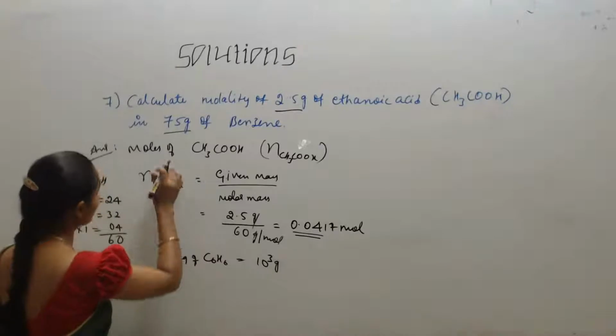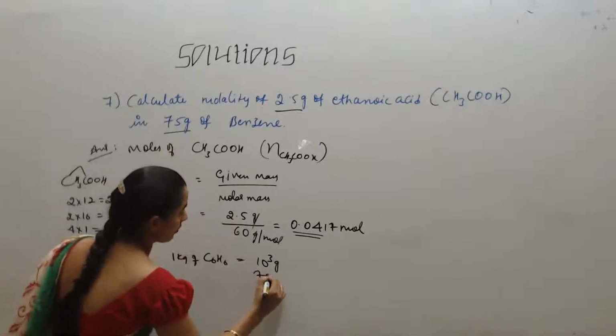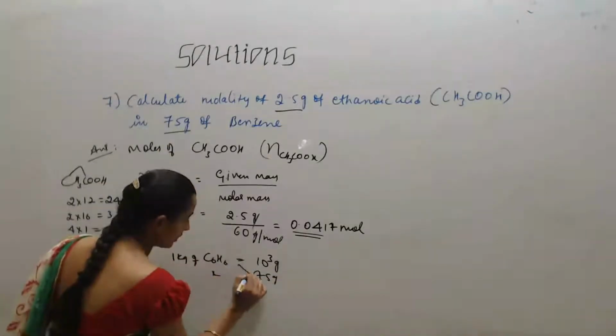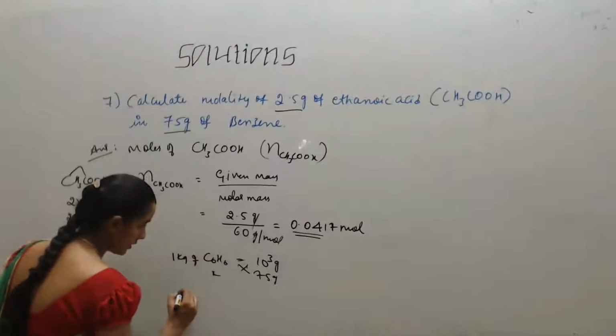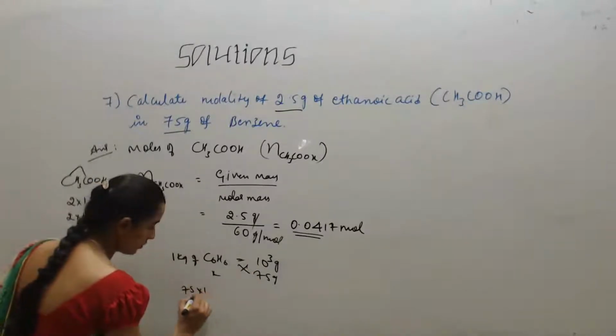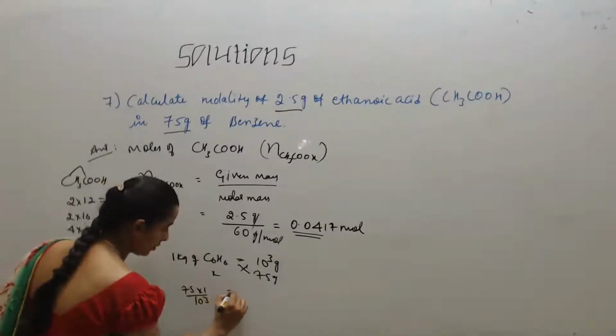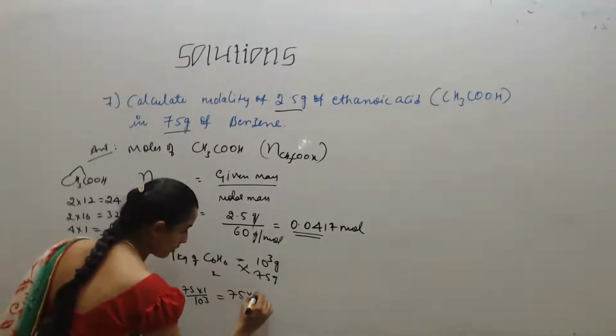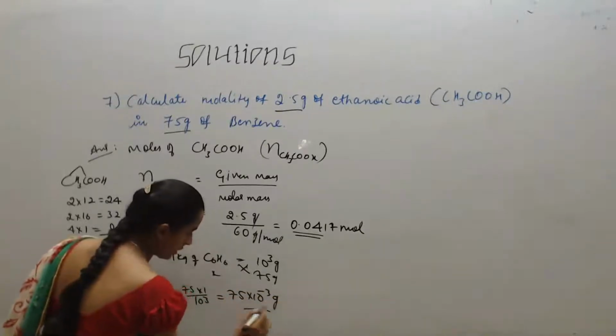Here they gave 75 gram. Then if you cross multiply, you get 75 into 1 divided by 10 to the power 3, that is 75 into 10 to the power minus 3 kg.